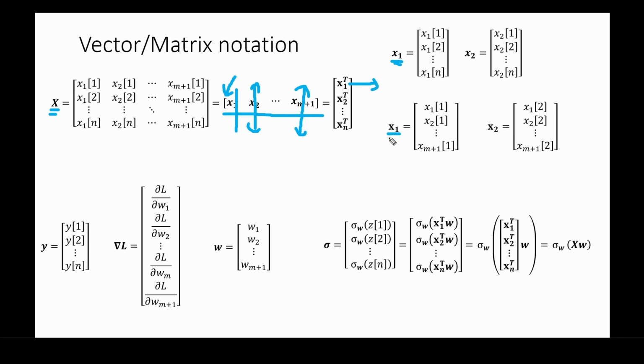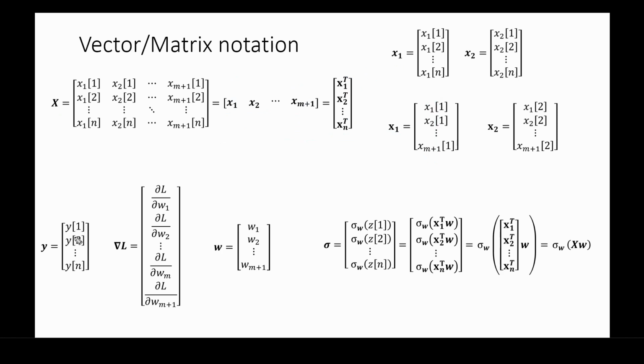So x1 without italic is a column vector of sample number 1. But in this matrix X, a sample is represented as a row vector, so we need this transpose symbol. So this is a second way to represent our matrix X. The first way is to use the features. The second way is to use the samples.